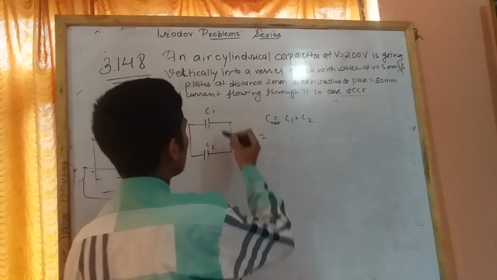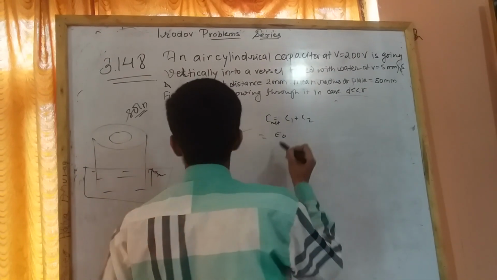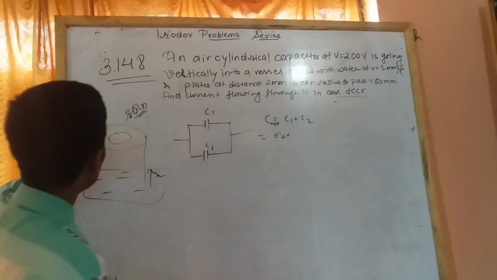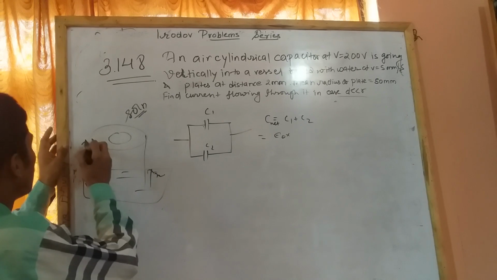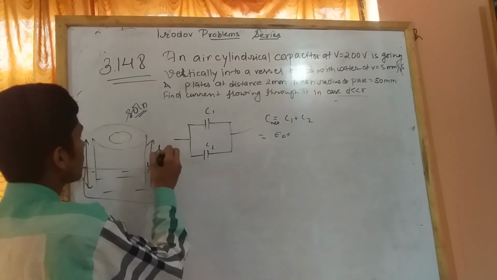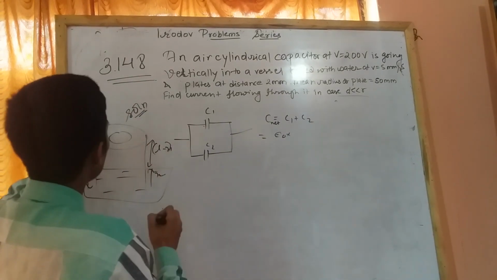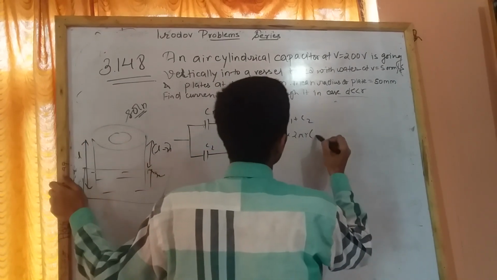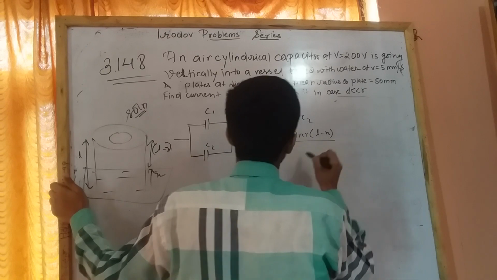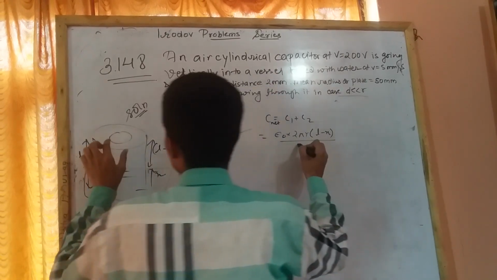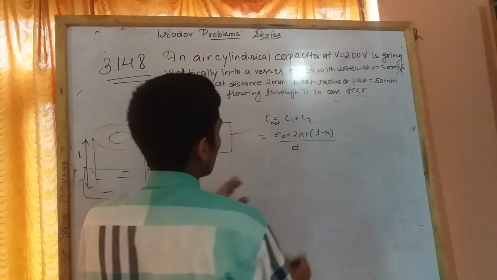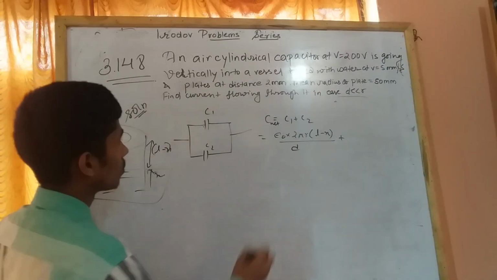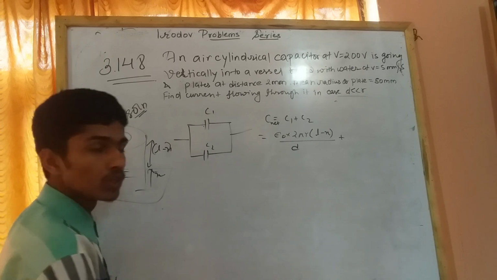Now what is the value of C1? It is epsilon naught, because it is in the air or vacuum. What is the value of area? If the whole length is L, then this length is L minus X, so the area is 2 pi r into L minus X, divided by D. That is epsilon naught A by D. Similarly for the other part, we are not using epsilon naught, we will be using epsilon.